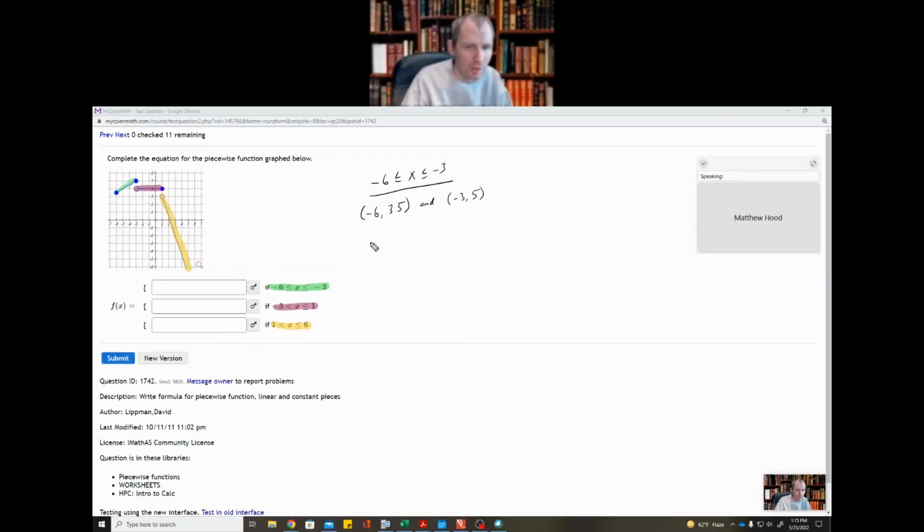To find the equation of a line, I start with the slope formula: the difference in y's over the difference in x's. So 5 minus 3.5 is 1.5, and -3 minus -6 gives me +3.